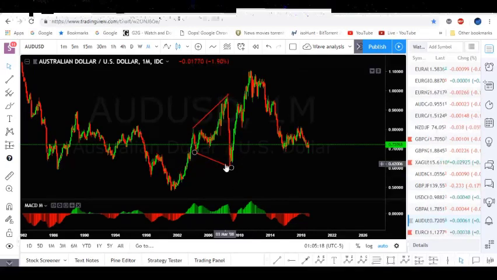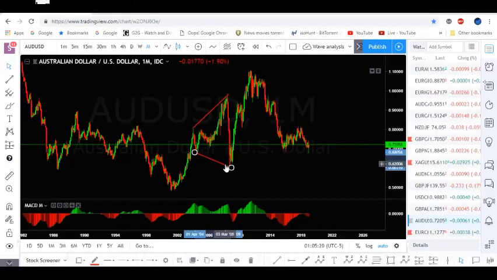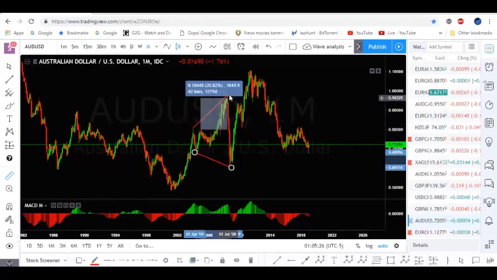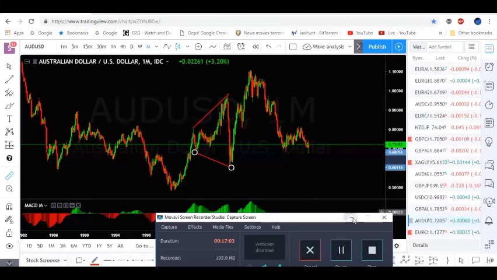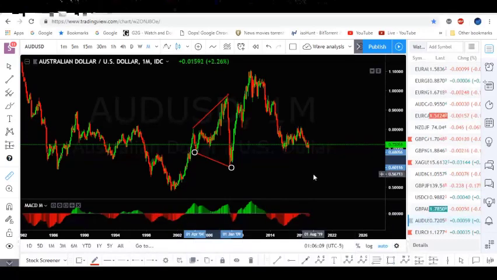So remember this difficult variation, that extension, if you have to measure it in pips from this top, was almost 200 pips. So it was very extended. So guys, 80% of all corrections will be flats. So know your flats very well.